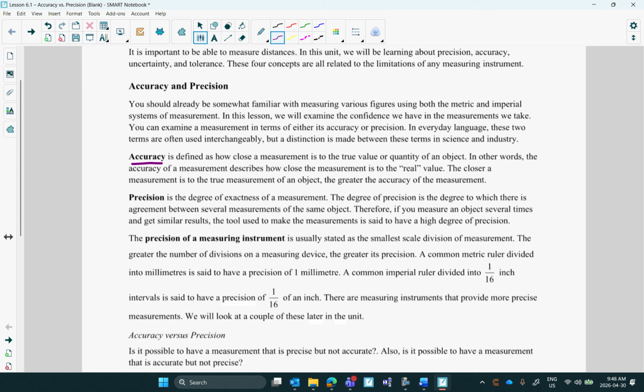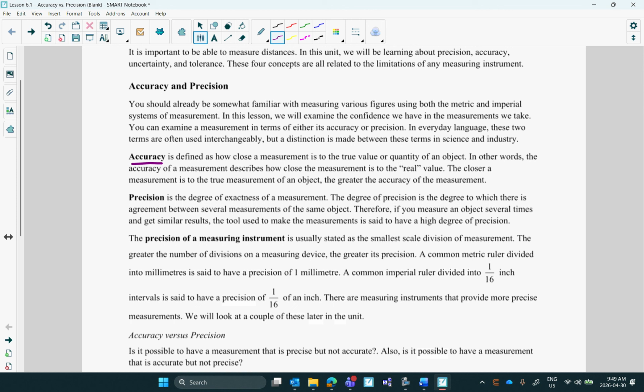Okay? Precision means if you measure several times, do you get about the same value every time? Okay? So precision requires multiple measurements.